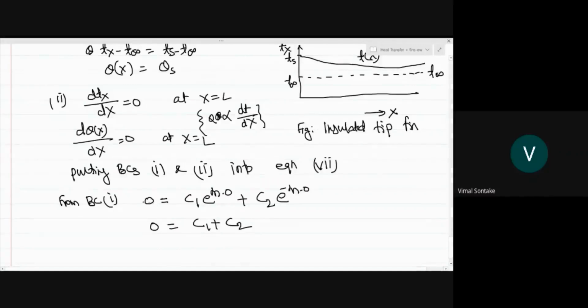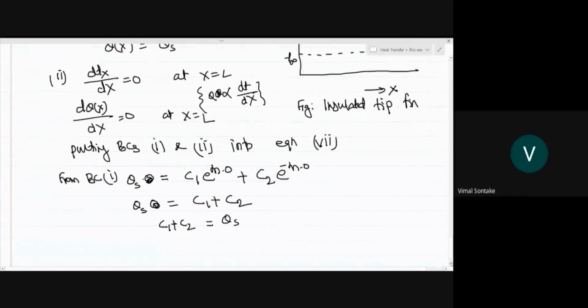At x equal to 0, theta x is equal to theta s. Please do this correction. Or C1 plus C2 is equal to theta s. At the base surface, the temperature of the fin at the root is equal to the base surface temperature. Let's say this is equation number A.